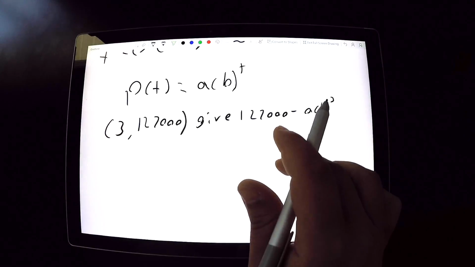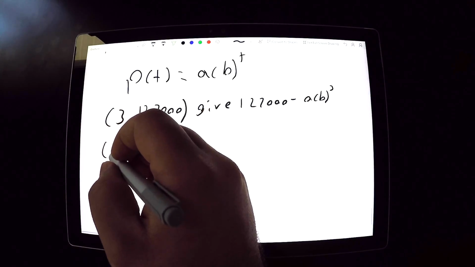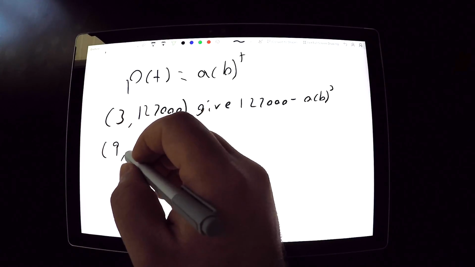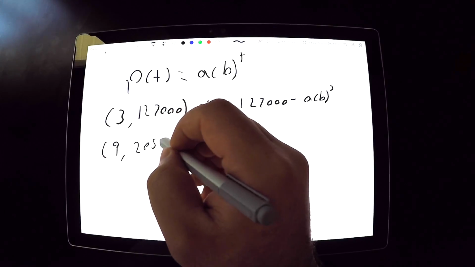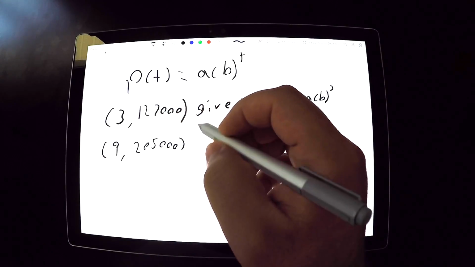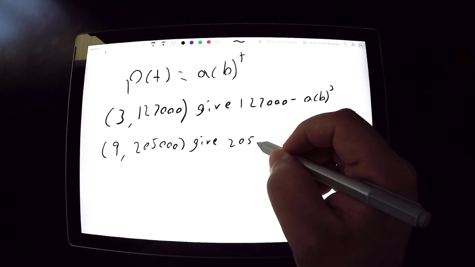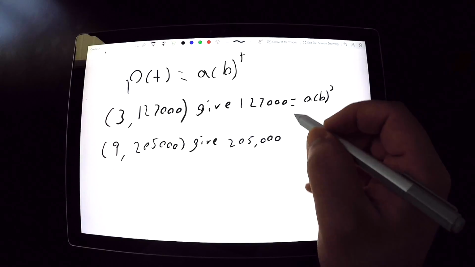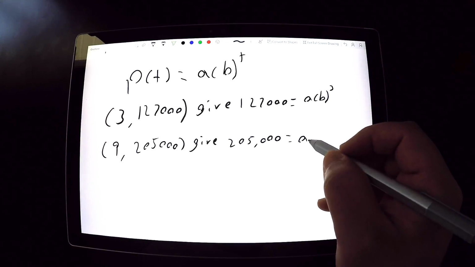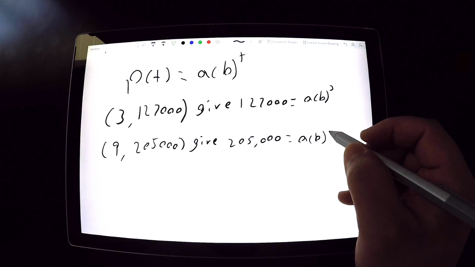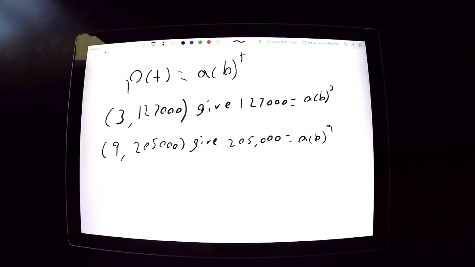And the same goes for the point (9, 205,000), and that gives us 205,000 equal to A times B to the 9th. This system of equations can be solved using the substitution method. So solving the first equation for A.